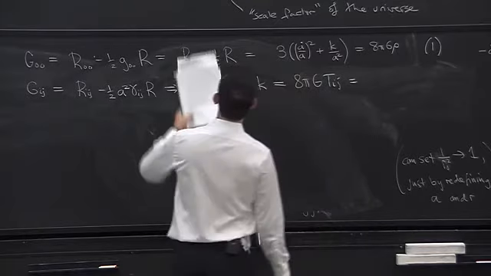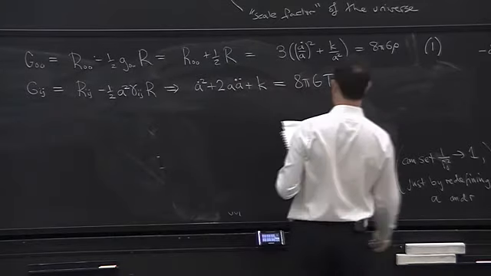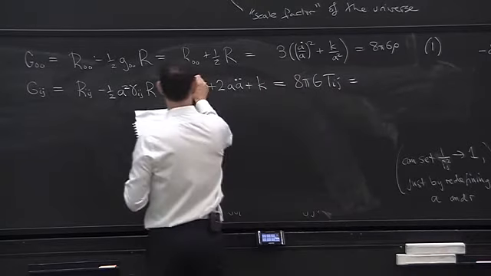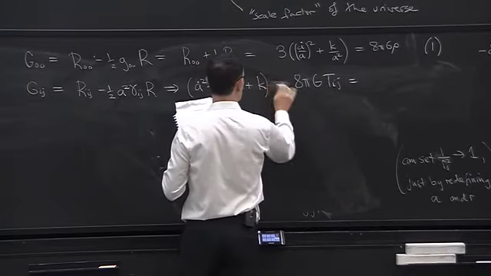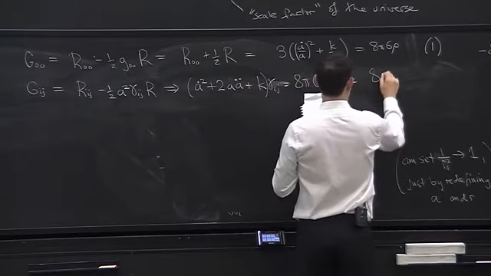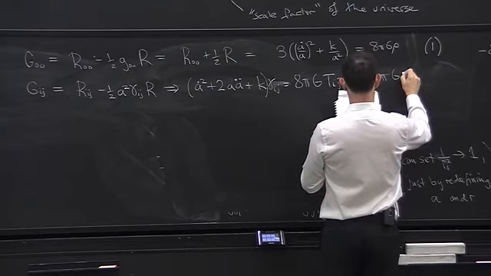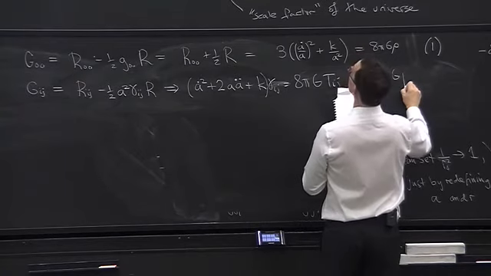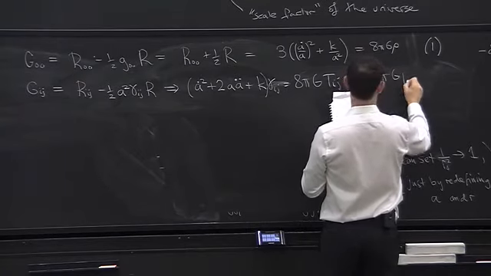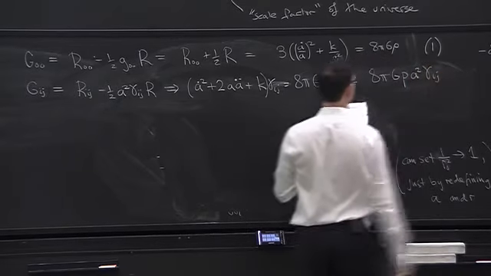and Tij from over there is just p over a squared gamma ij. So let me just put my gamma ij in here. 8 pi G p, with lowered indices, a squared gamma ij.